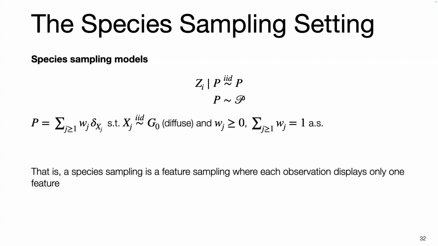But mathematically, these are very different objects. In a species sampling model, observations are i.i.d. from a random probability measure P, such that the atoms of P are i.i.d. from a diffuse probability measure, and the weights of P live in a suitable probability simplex.